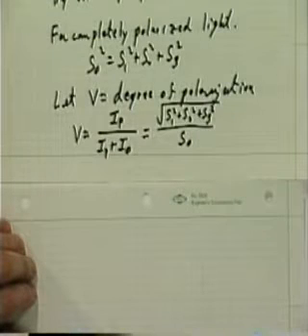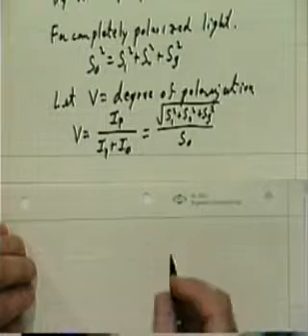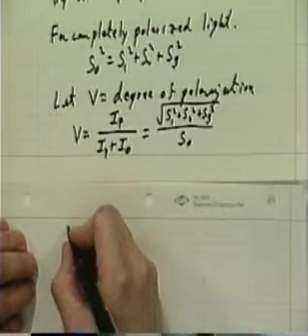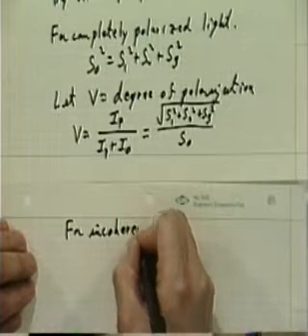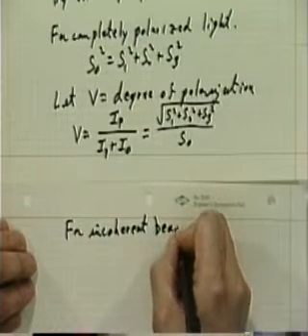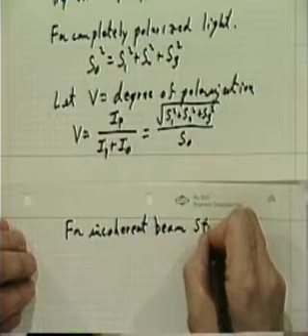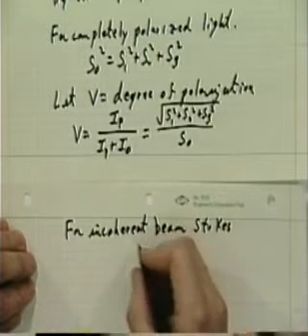So for an incoherent beam, the Stokes parameters are going to add. So let me write that down here. For an incoherent beam, the Stokes parameters add.